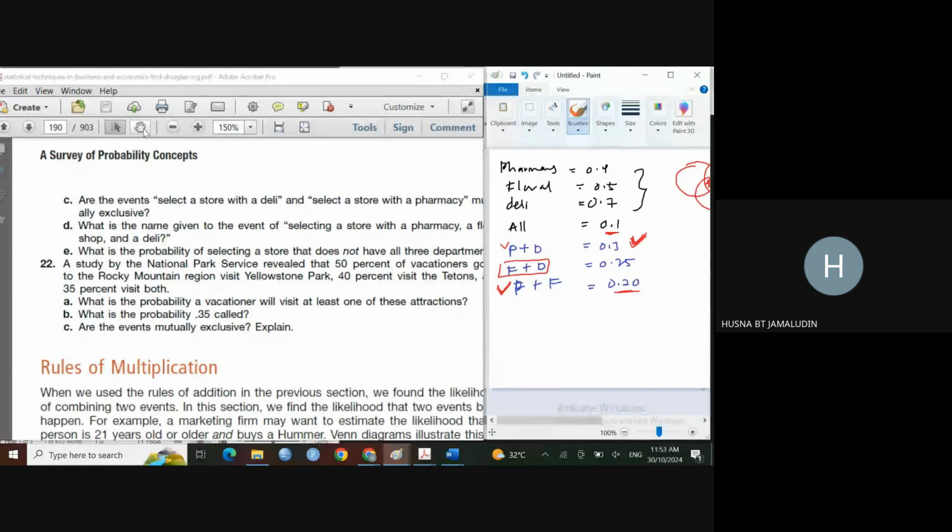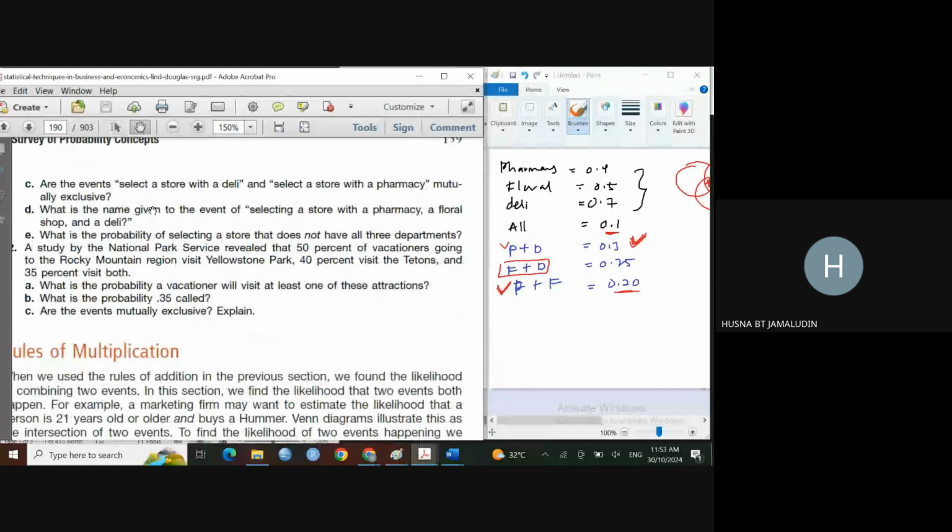Okay. Are the events of selecting a store with a deli and selecting a store with a pharmacy mutually exclusive? What do you think? Remember, if you are talking about mutually exclusive, they shouldn't overlap with each other.